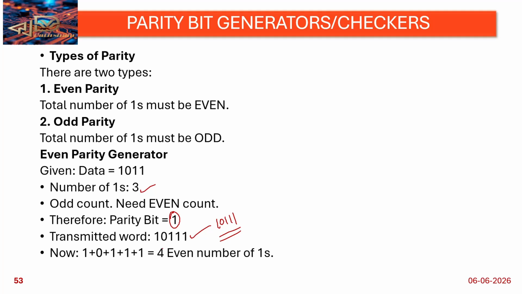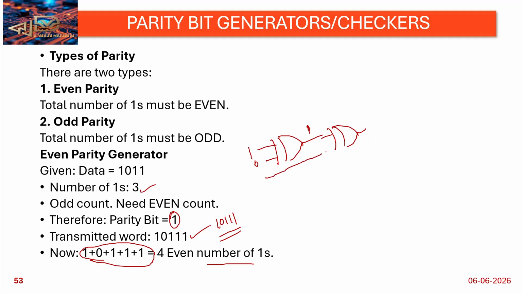Okay. Or if you are considering odd parity, see now here four ones are there, so an even number of ones is there, then no problem here. Okay, then while transmitting the bits, we are getting 0 here because we are adding an exclusive OR gate here, so that is 1 0, and again another exclusive OR gate, 1 is the output, and then again 1 I am giving, I am getting the 0 output, and then another input, I'm giving 1 here.